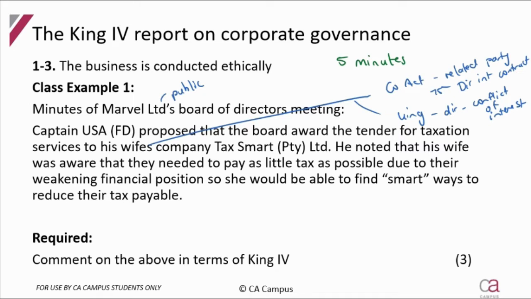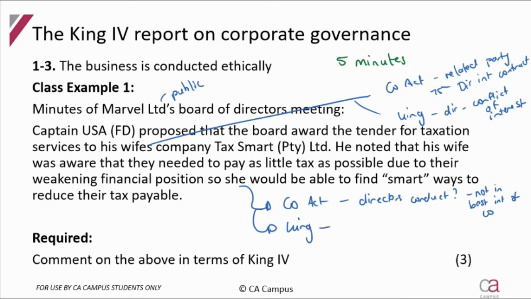So now, what we're starting to see again from a Companies Act perspective is directors' conduct, looking like there's potential unethical behavior from your director, so not acting in the best interest of the company, not in good faith, and so on. And with regards to King, the exact same thing with regards to your director's conduct.